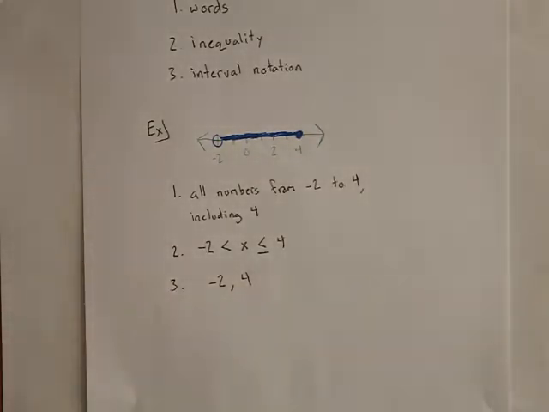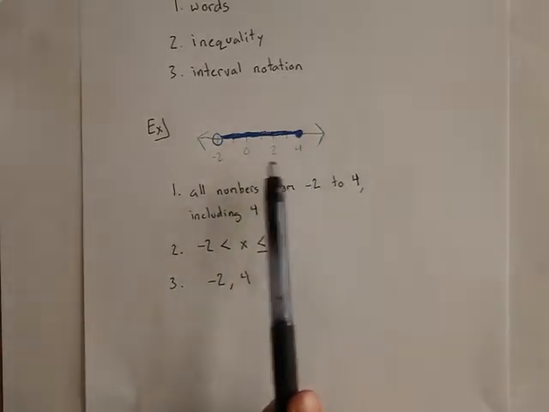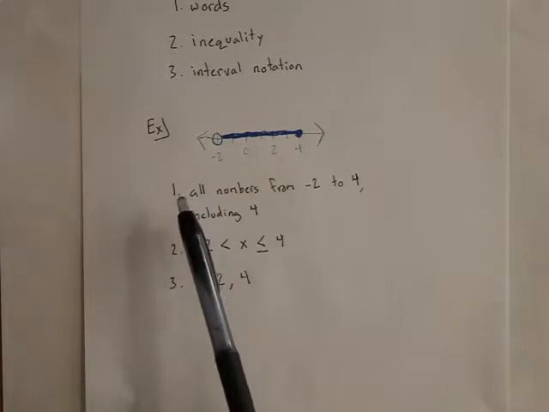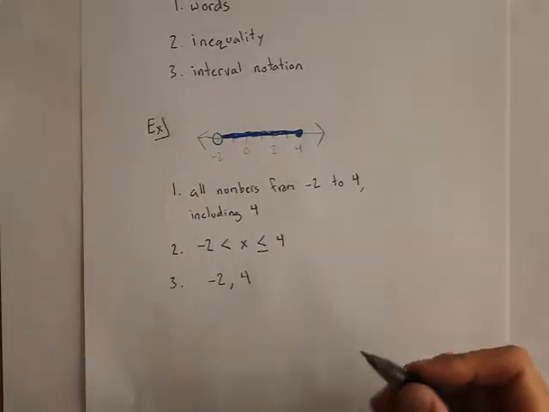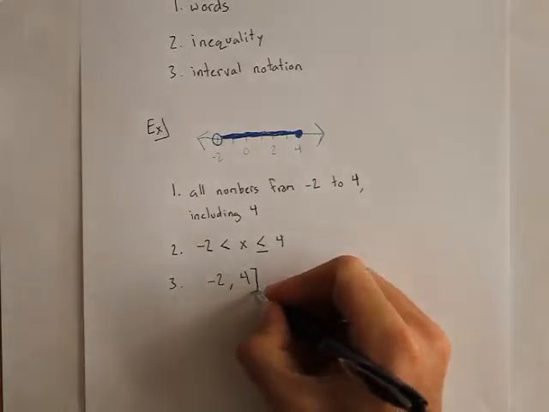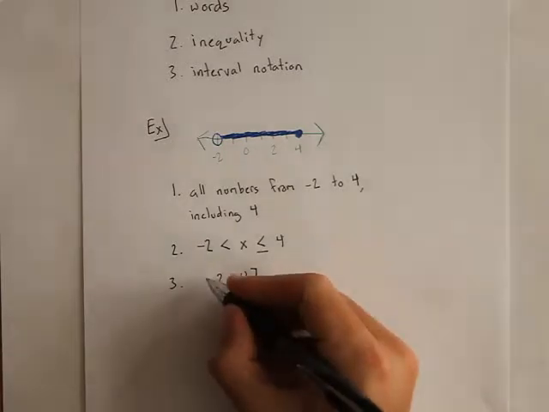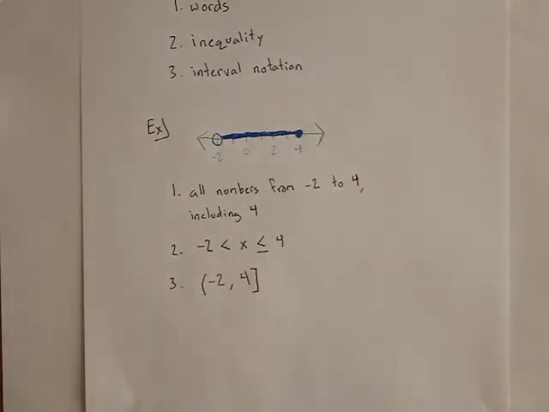Okay? But now I need a way to distinguish between whether the point is included, like the 4, or not included, like the -2. And so the way we do that is the following. If the point is included, it gets a square bracket. If the point is not included, it gets a parentheses.